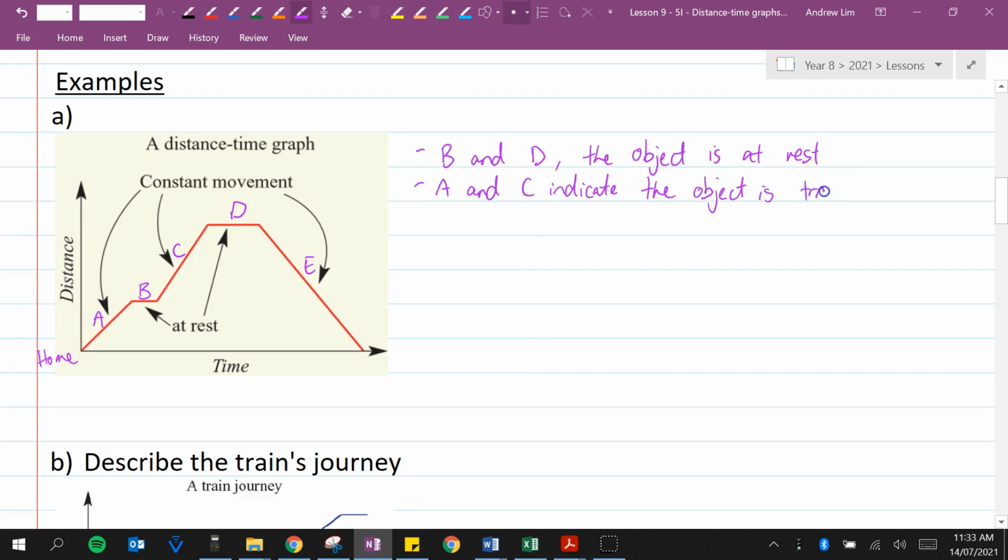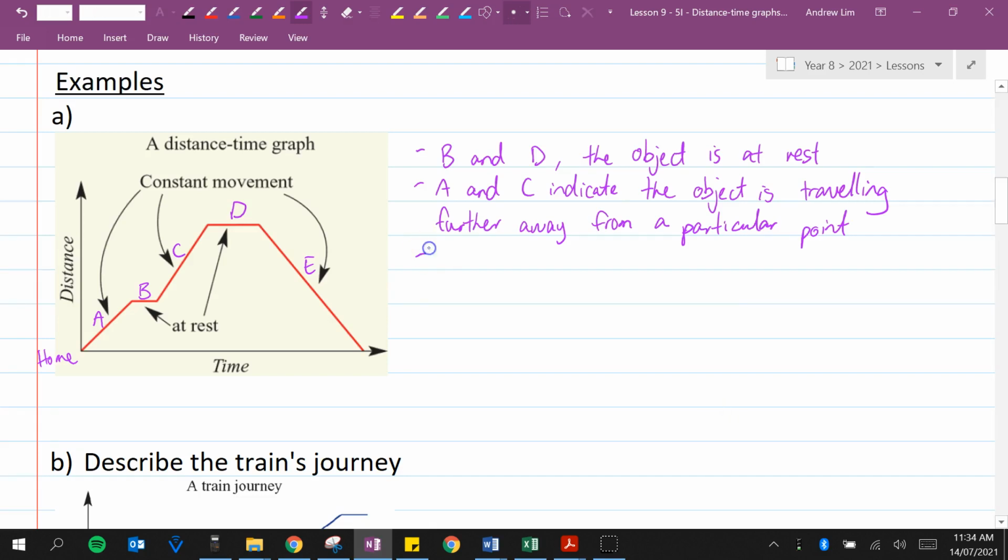is traveling further away from a particular point. And it could be home, it could be a park, it could be McDonald's.